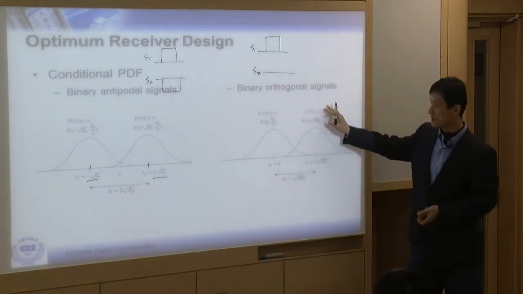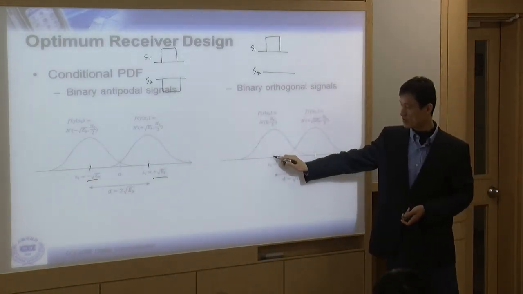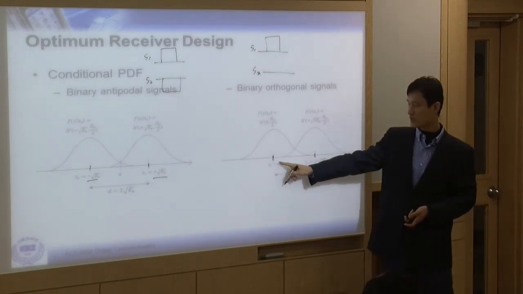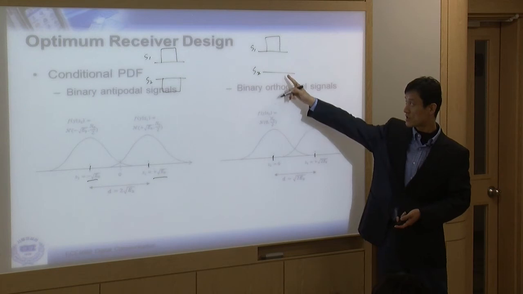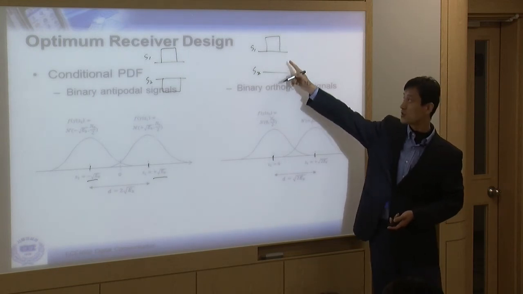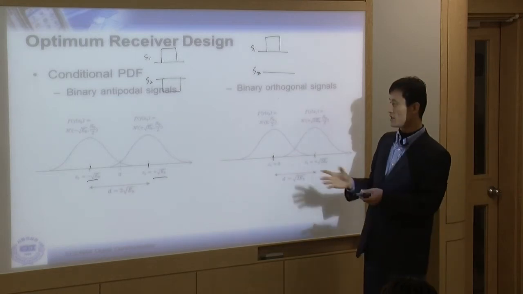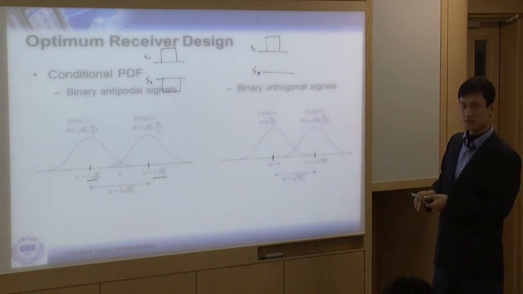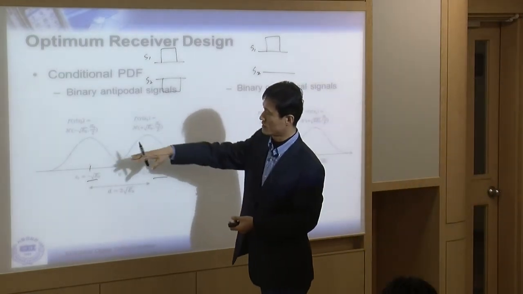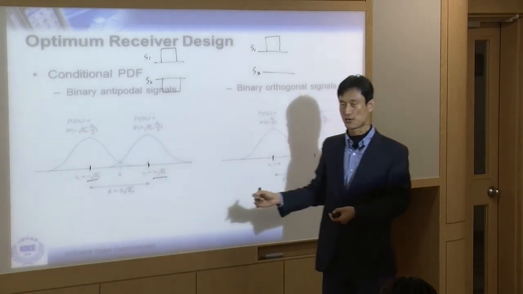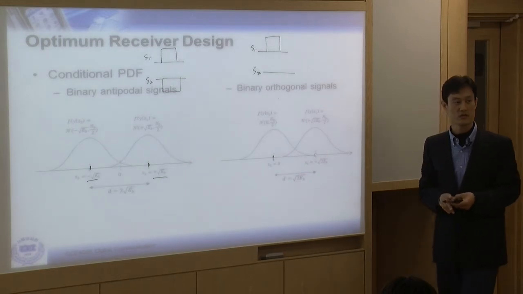However, in orthogonal, we still have S1 and S2, but S1 has some positive value and S2 is 0. That's the only difference. Everything else is pretty much the same. We have two Gaussians, but the actual values of S1 and S2 are different.